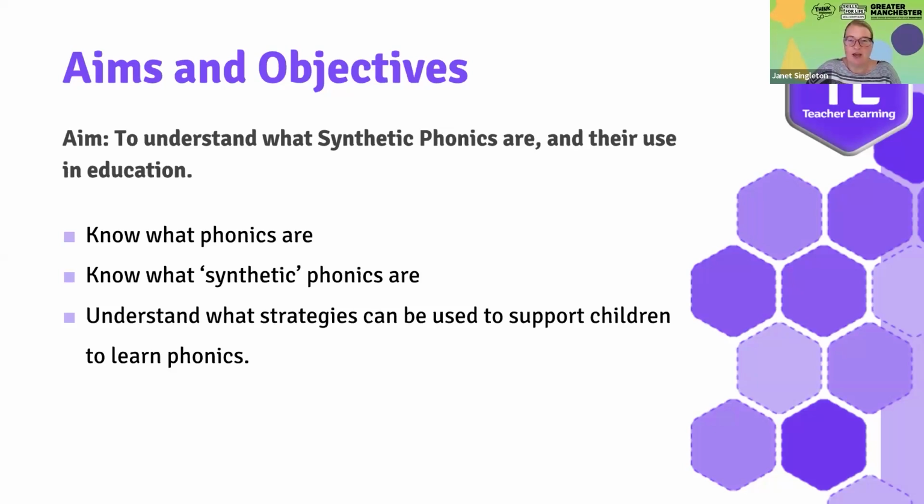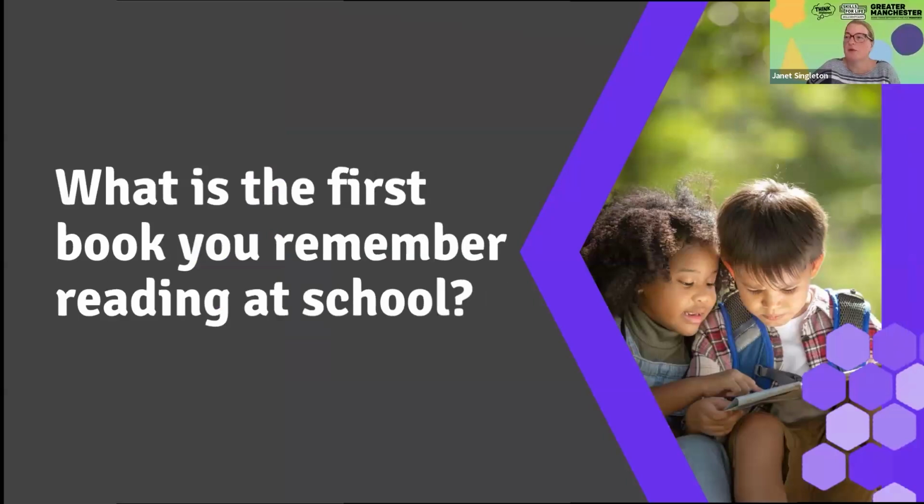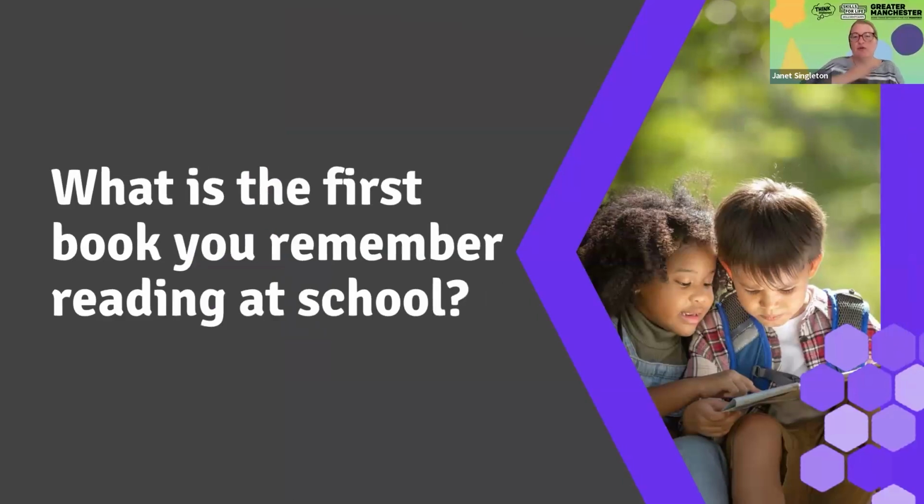Okay, so I think most people have said that they're happy to move on. Brilliant, thank you. So just a little question for you all first of all, and you can put this in the chat if you want to. What's the very first book that you remember reading at school?